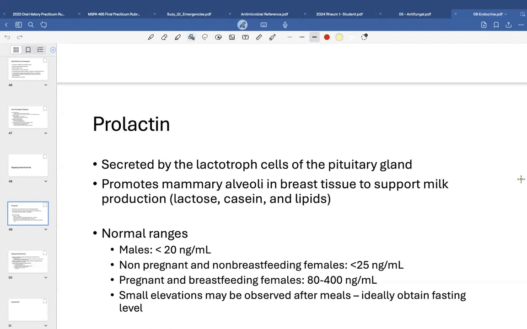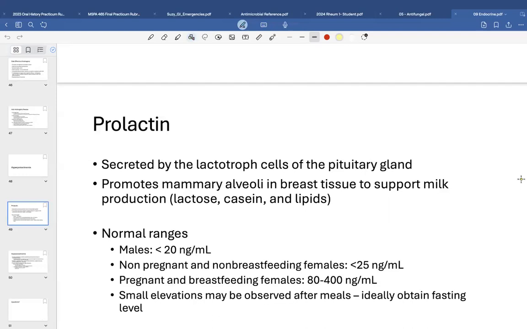Males will typically have a fairly constant low level of prolactin, but females will have varying prolactin levels based on whether they're pregnant, breastfeeding, or non-pregnant. There is some variation after meals.